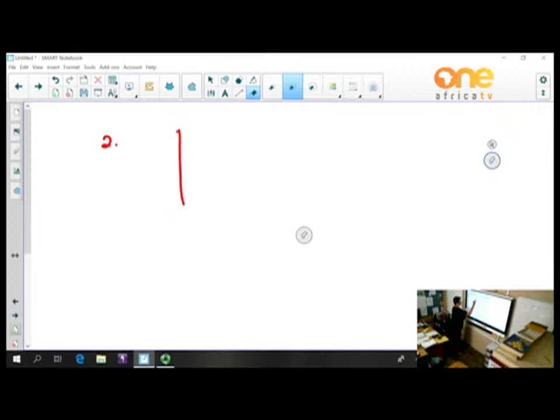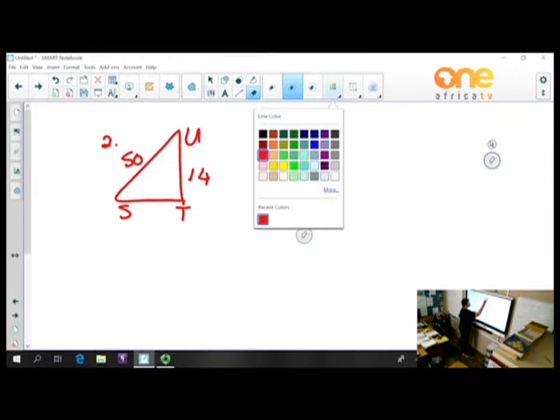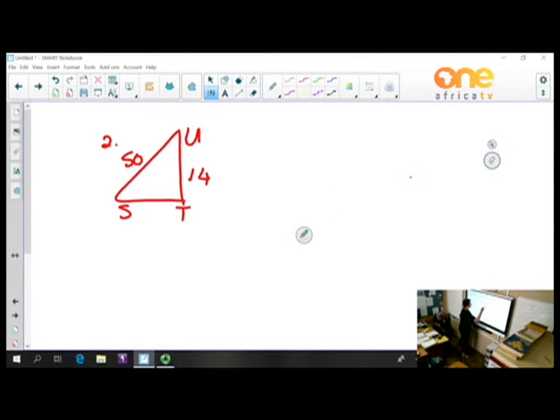Right, the second one. So this is triangle STU. T is 90 degrees, so STU. TU is 14. SU 50. And we have to find ST. Are we going to add or subtract? We're going to subtract.